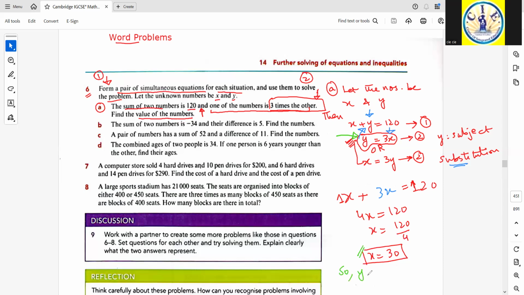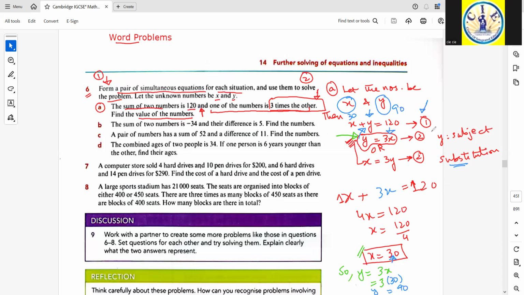So y will be equal to 3 times x. That means 3 times 30, because the value of x that we have calculated is 30. Simplifying, we get 90. y is equal to 90. That means one of the numbers, x, is 30 and the other number, y, is 90.